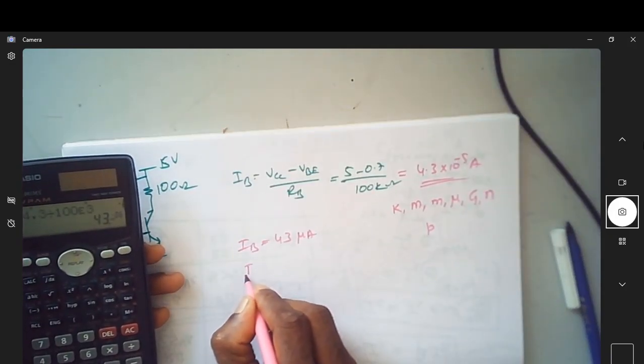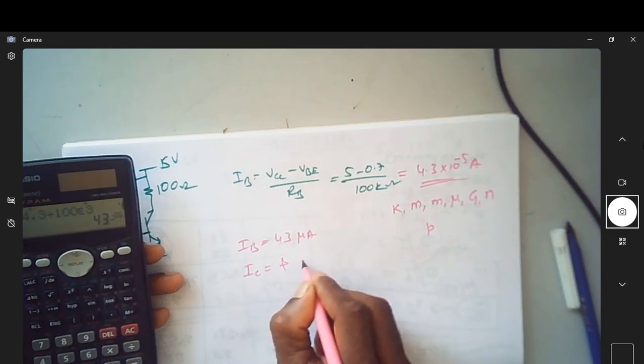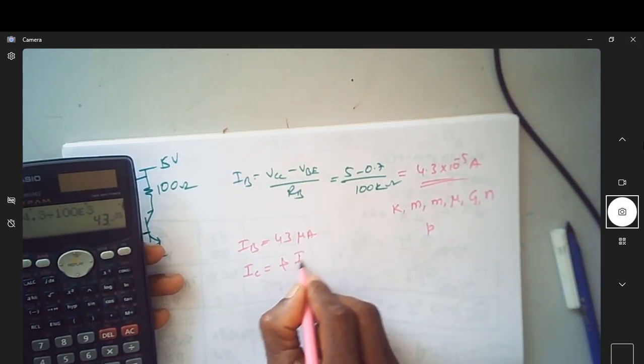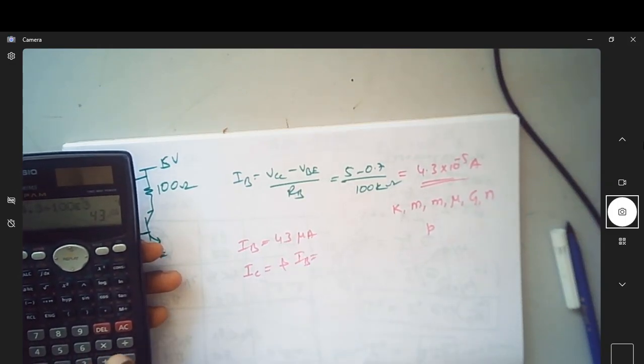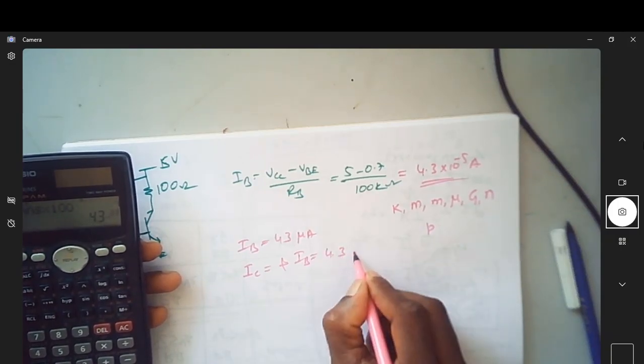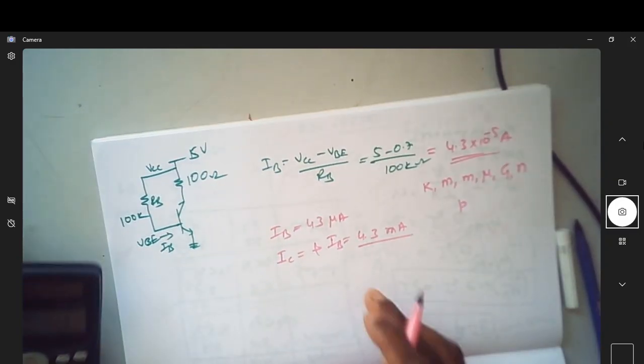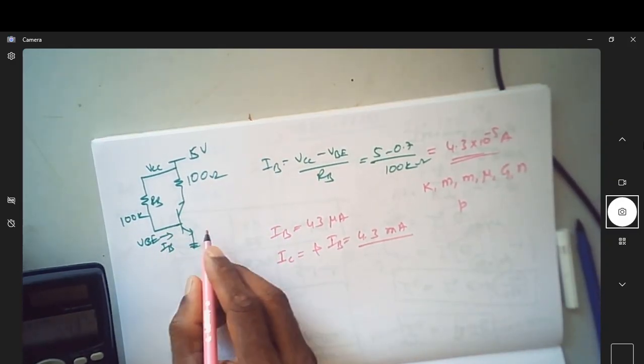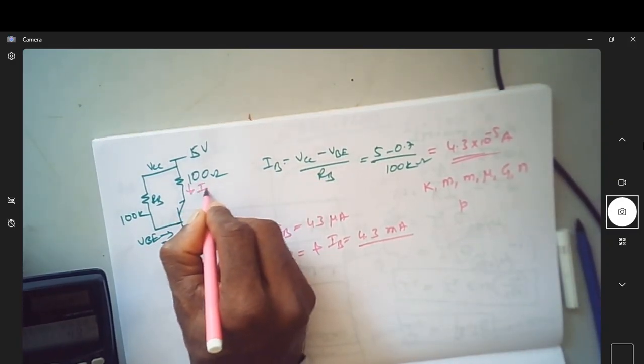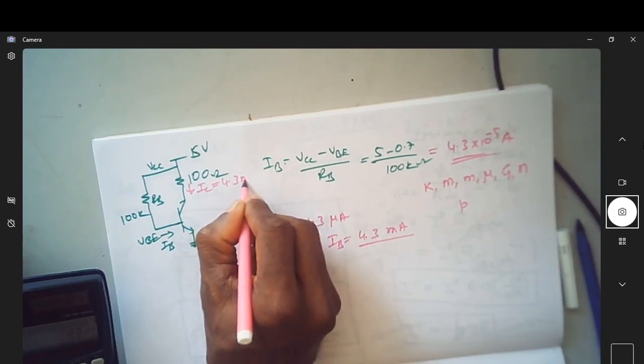Then IC is beta times IB, which is nothing but 43 microampere into 100. So now it is 4.3 milliamperes. This is the current that is flowing, so IC is equal to 4.3 milliamperes.